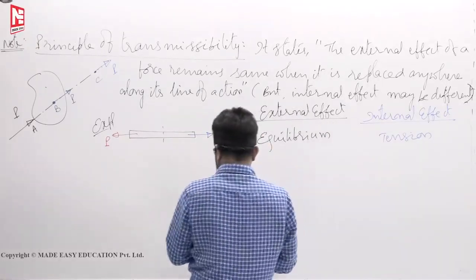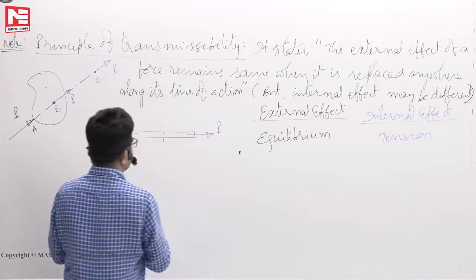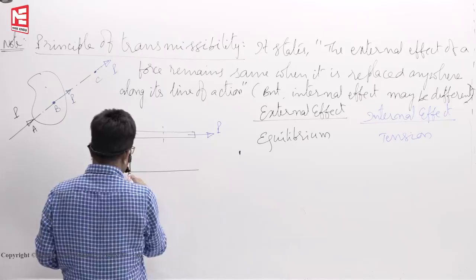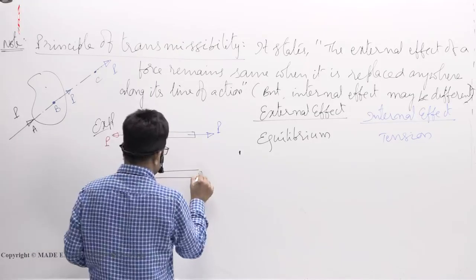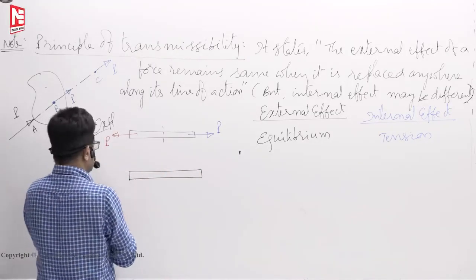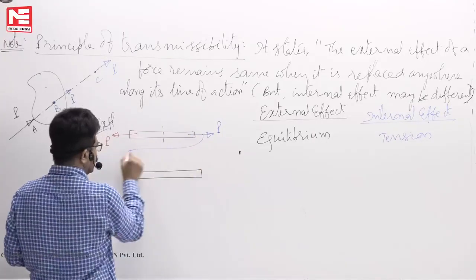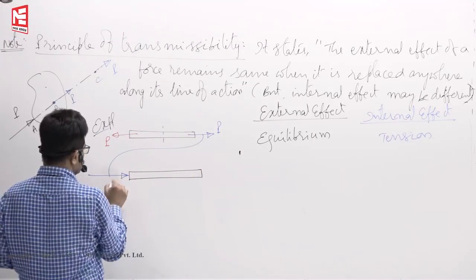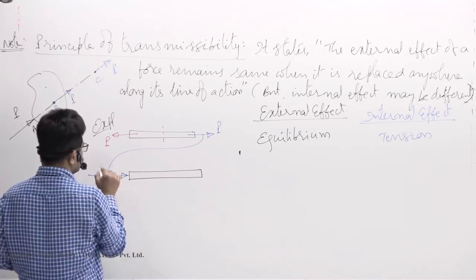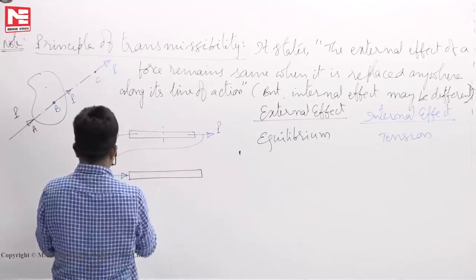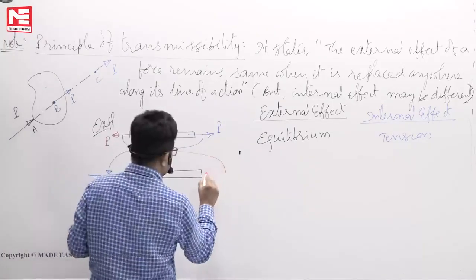Now, the principle of transmissibility tells you that for such members in equilibrium, you can replace the force wherever you want. This member force, I can pluck it and keep it here, like this. This member force, I pluck it and keep it here, like this.